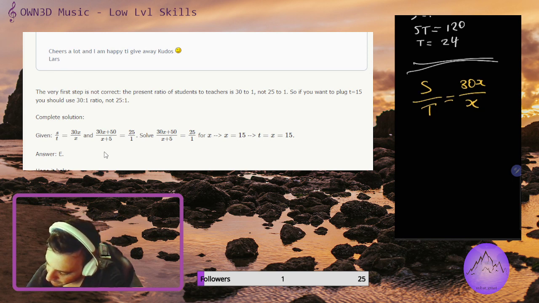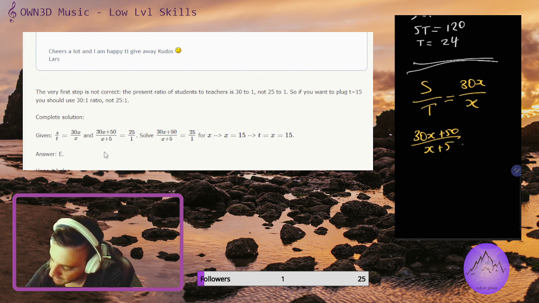Anyway, so 30x over x, and then if we're saying 30x plus 50 over x plus 5 equals 25 over 1.